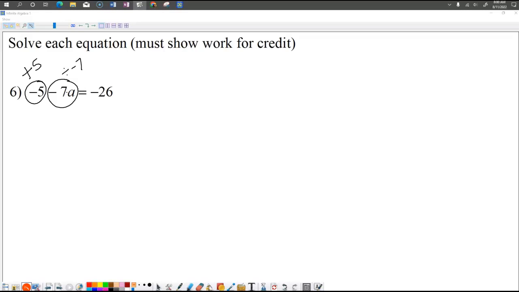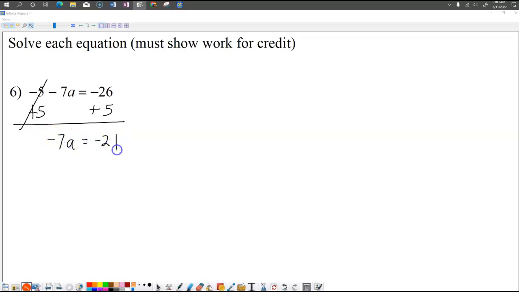Well, usually you do the addition or subtraction first, and then you do the division and multiplication second. So I'm going to get rid of the 5 by adding it on both sides. And then I'm going to get rid of the negative 7 by dividing it. So a is 3.